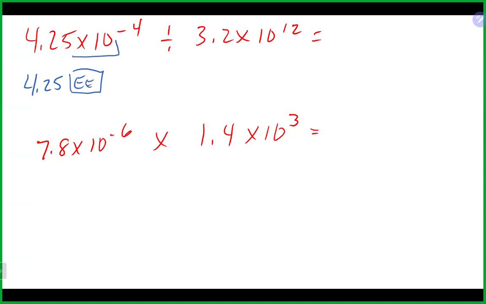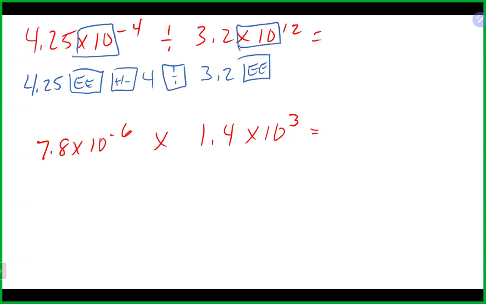That exponent button is going to take care of this part of the number. You then have a -4, which means you need to hit your negative button and 4. You then would hit your divide button, 3.2. Once again, your exponent button, which is going to take care of this part. That's a positive exponent, so no need for the negative, and hit equals.